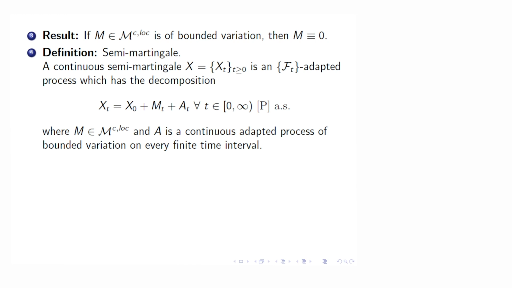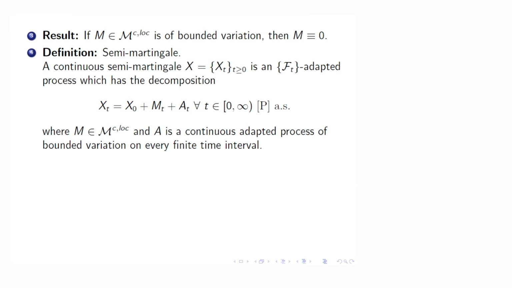on every finite time interval. Why a finite time interval? Because even if you take a very nice increasing process, say A_t equal to t, its total variation will be infinite if you take the whole interval from 0 to infinity. When we restrict to a finite time interval and compute the total variation, we get a finite value.